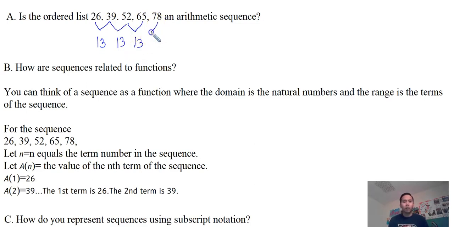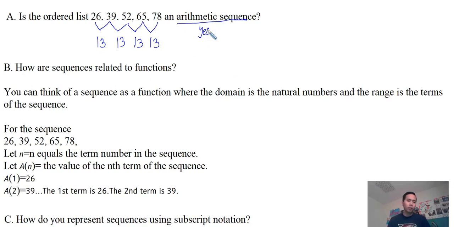And the last one, 78 and 65, will give you 13. So, to get the next number, you have to add 13. Now, to check if the sequence is an arithmetic sequence, we have to get the common difference. The common difference is 13, so this is an arithmetic sequence. It's a yes.